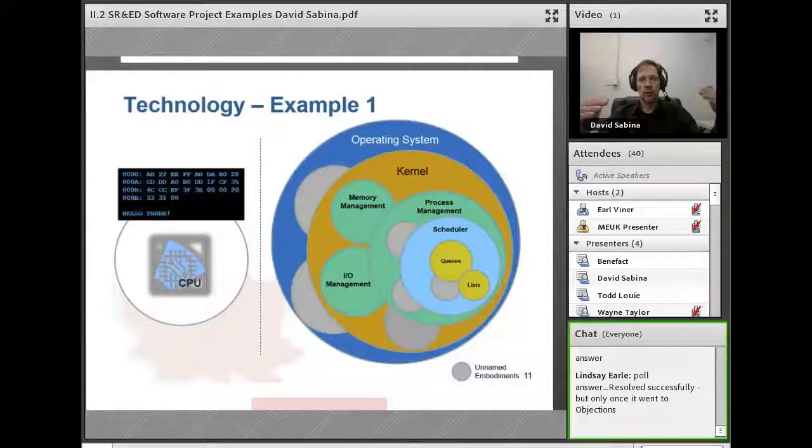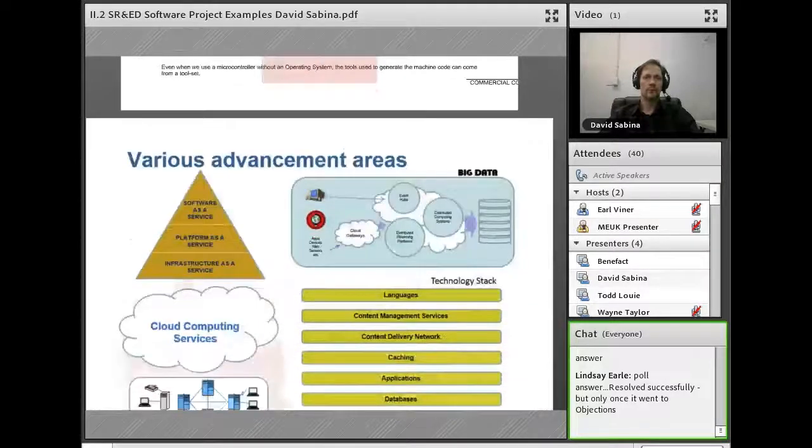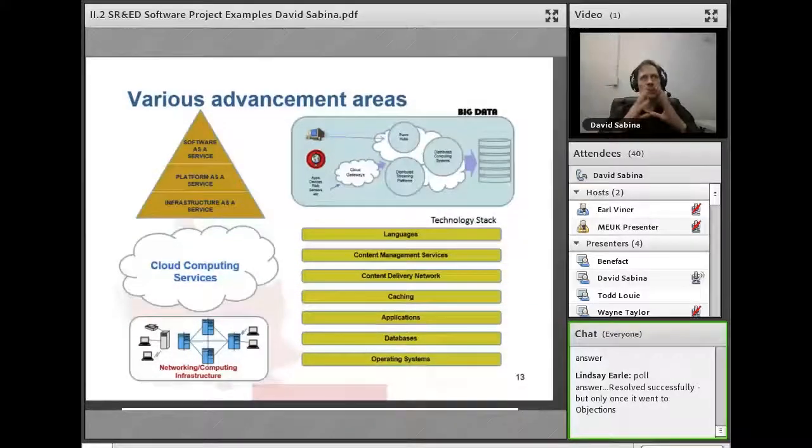Okay, so they're providing a nice little framework here of what I would feel or list as eligible areas, or what we call later technology stacks as we're going down. Okay? So what they say is if we look at the definition of technology through some examples now, new products or services are being built using or combining various technologies for creating complex applications.